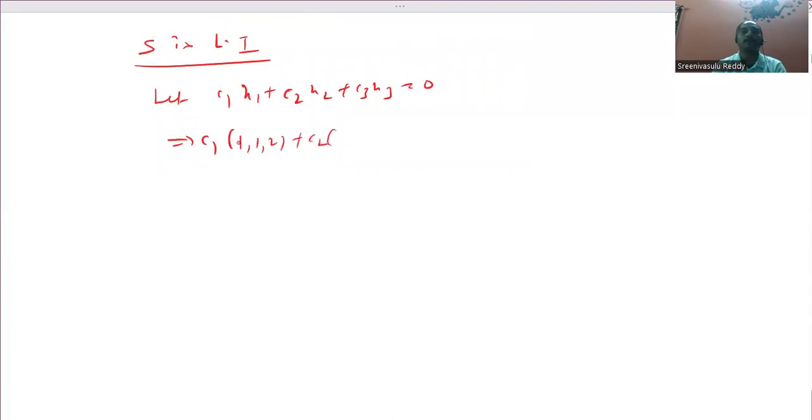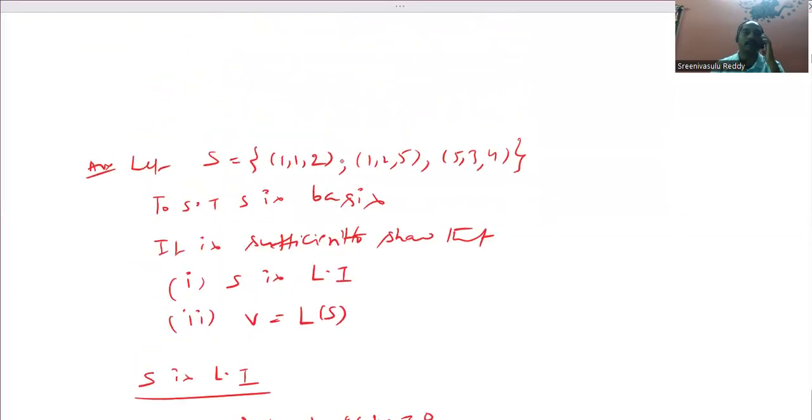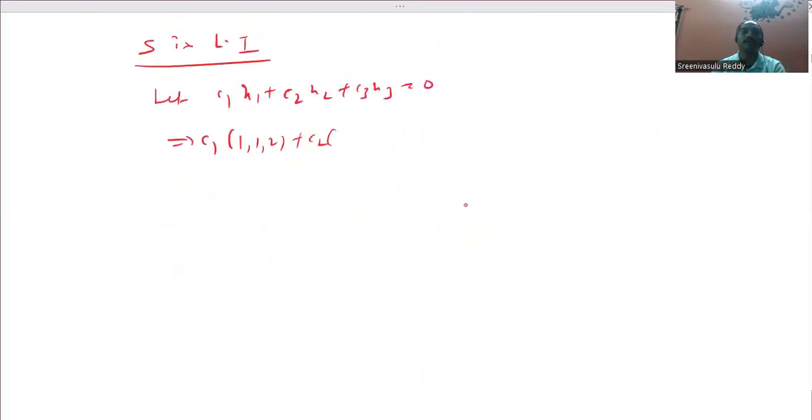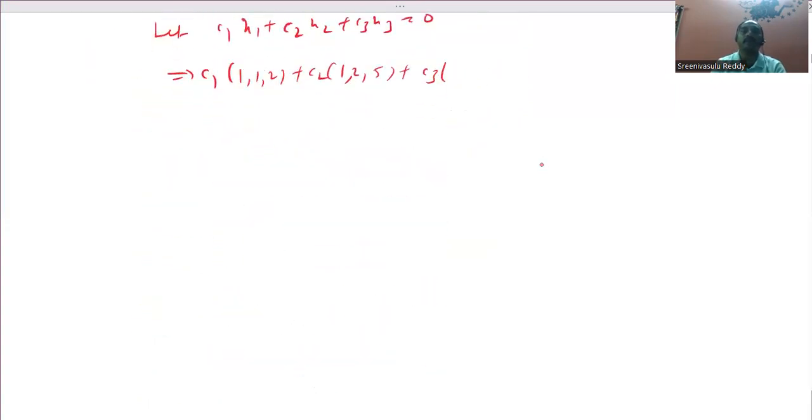C2 times the second vector. What is the value of the second vector? You observe that 1, 2, 5. Third vector value is 5, 3, 4, equal to the 0 vector.